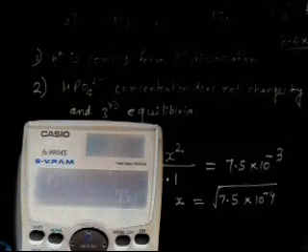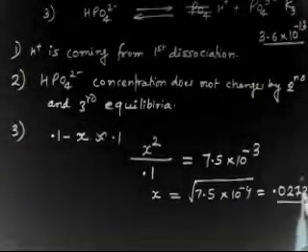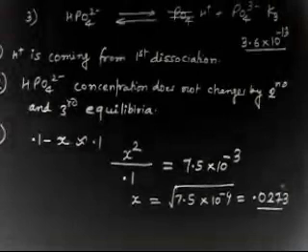Taking the root of 7.5 into 10 raised to the power minus 4, the answer is 0.0273. So this is 0.027. If you want, you can write up to the third decimal place, 0.0273.